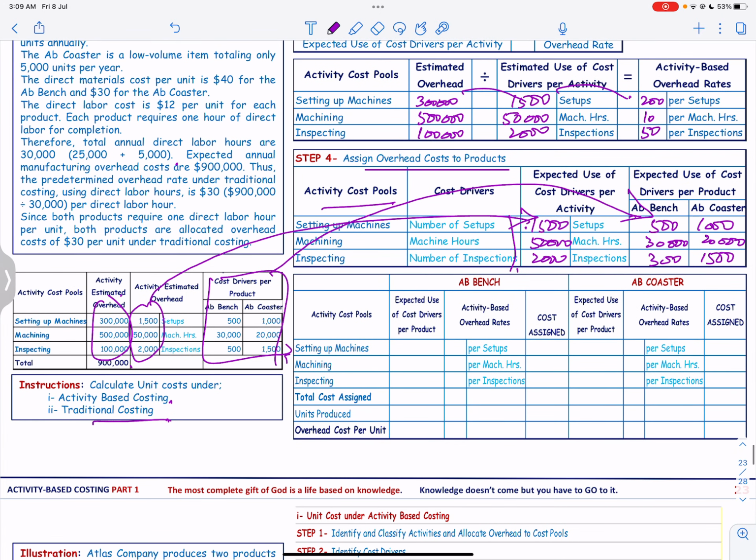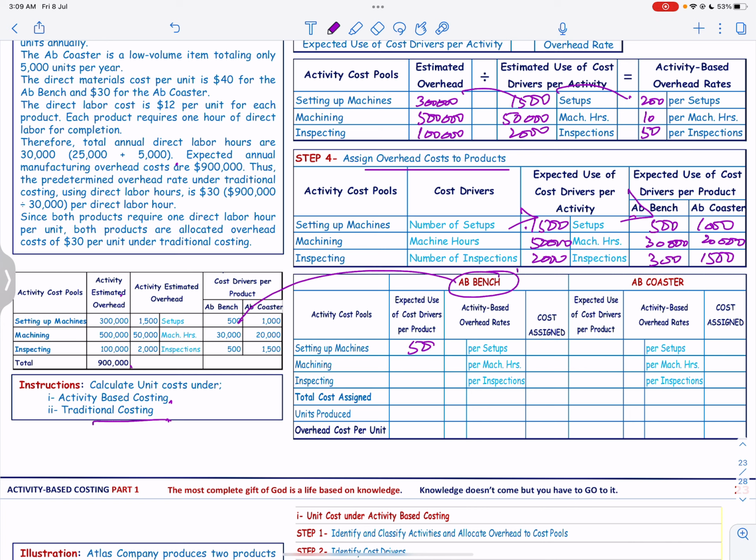Next, we are going to assign the cost to the two products, and let us see how we do that. So we have the expected use of cost drivers per product. It is given to us for ab bench, it is given as 500, 30,000 and 500, and we have calculated the rate as 200, 10 and 50.